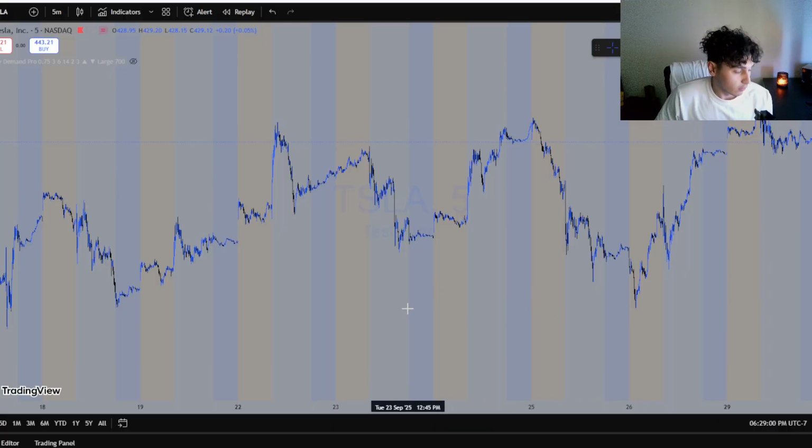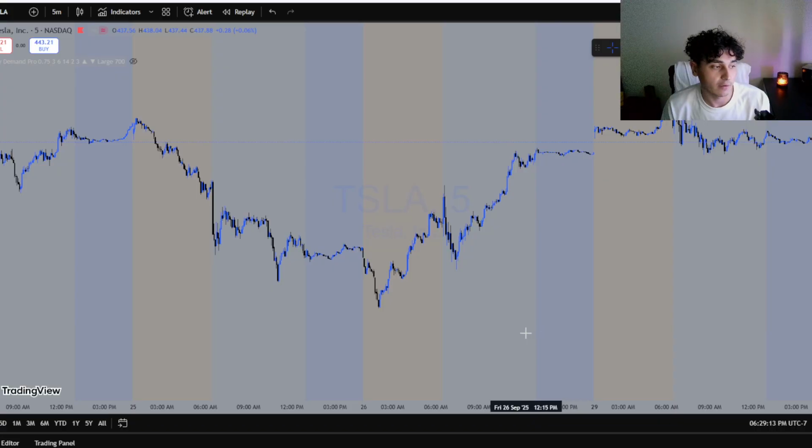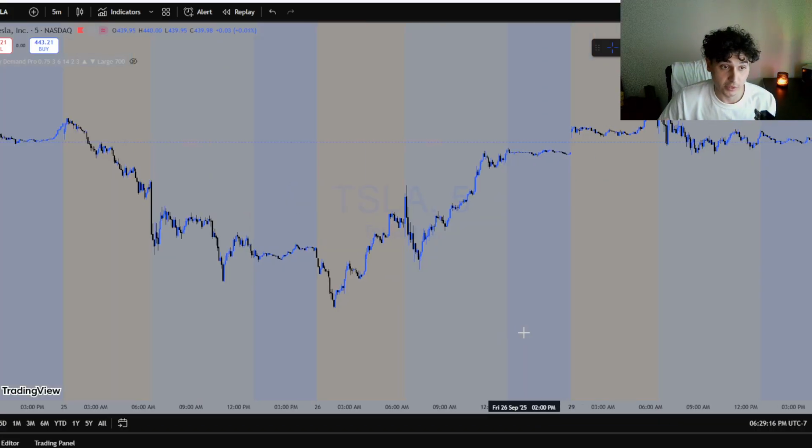So for the demand, like I mentioned, we want to look for a bigger move to the upside, or pretty much just a point in the charts where we had seen an aggressive spike to the upside, right? Because an aggressive spike to the upside obviously means that there are a good amount of buying orders coming in.